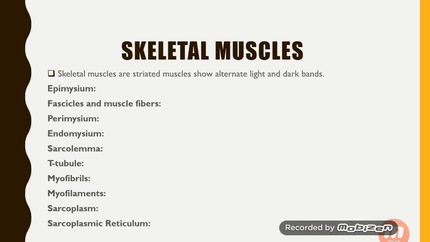Now if we see the parts of the skeletal muscle, these may be epimysium, fascicles or the muscle fibers, where epimysium is the structure that surrounds the muscle; then perimysium, endomysium, sarcolemma, T-tubule, microfibrils, myofibrils and myofilaments, sarcoplasm and sarcoplasmic reticulum.